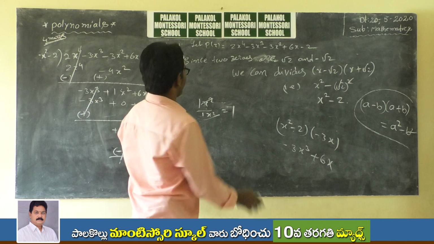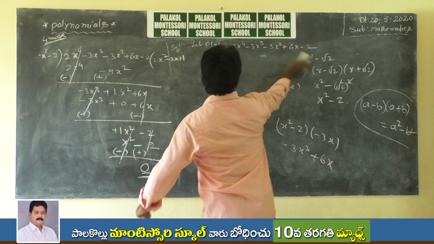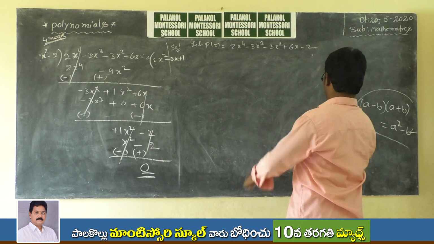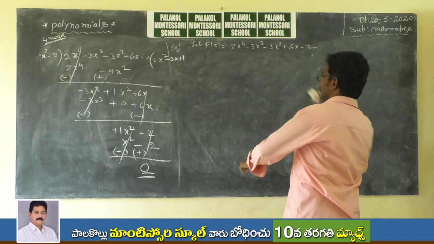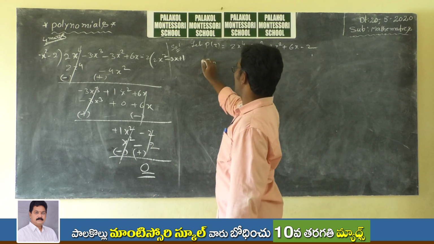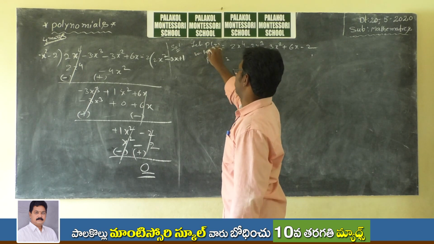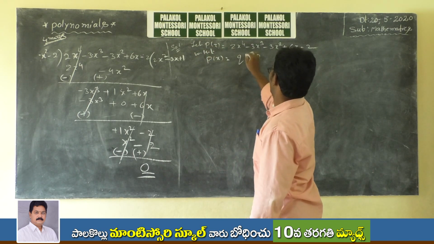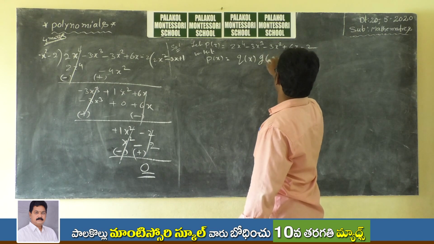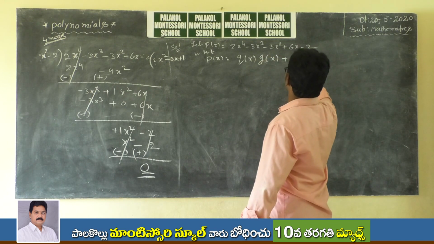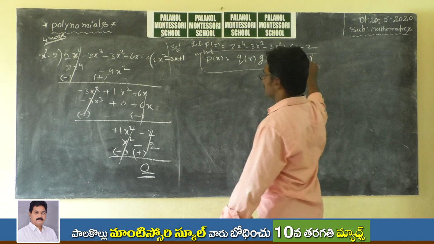Now, see here. P of x, the division algorithm: P of x is equal to Q of x, G of x plus R of x. Put in the box.